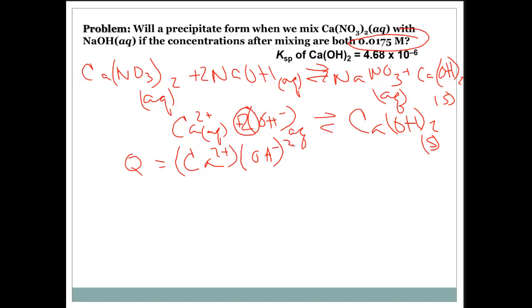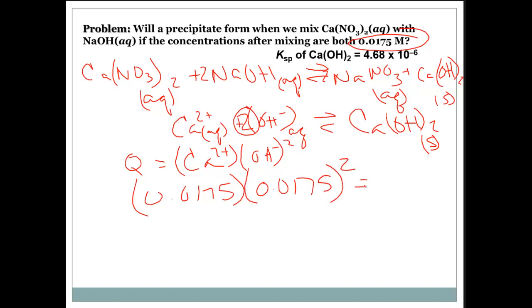So that means 0.0175 times 0.0175 squared is all going to equal 5.36 times 10 to the negative 6. This one's a little closer, but notice that even though it's times 10 to the negative 6, 5.36 is still bigger than 4.68. Therefore, a precipitate is going to form.